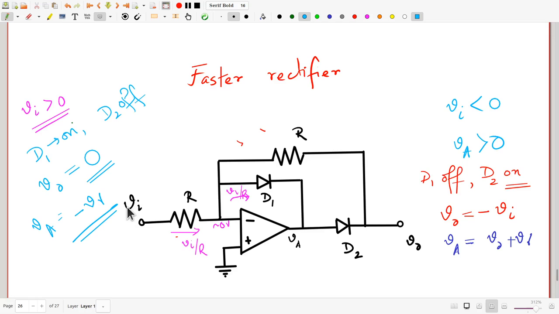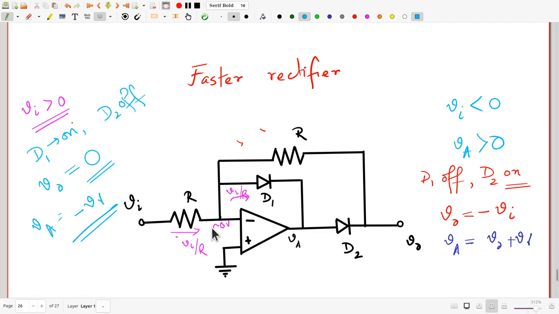Okay, that's fine. But how does this circuit really help in speeding up things? Notice that the output of the amplifier itself, Va, is Vo plus V gamma, that is minus Vi plus V gamma, whenever Vi is negative. So when Vi has a very tiny negative value, getting close to 0, the output Va is actually equal to V gamma.